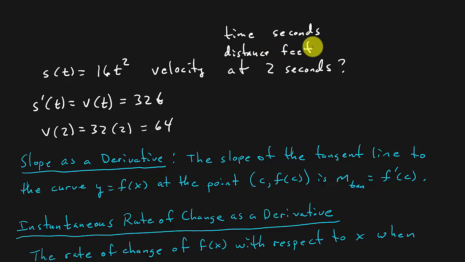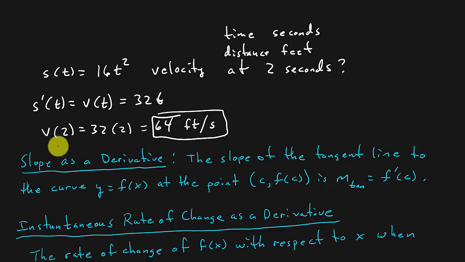So the velocity would be 64 feet per second. There's a useful thing there for the derivative: if you have a position function and you take the derivative of that position function, that gives you the velocity, because the velocity is the rate of change of the position function.